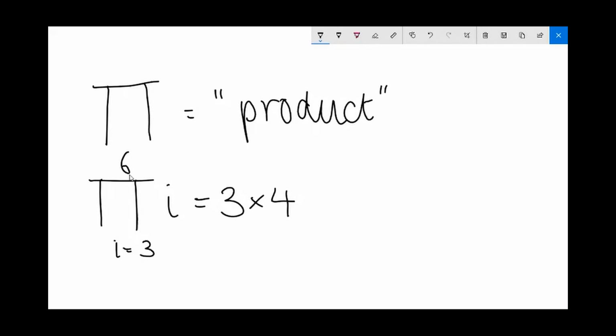It's times 4, and then all the way up to your top number here, which is 6. And this equals 360. So really basic. You will probably find that this is a lot easier than sigma notation, as it's a lot easier to factorize.